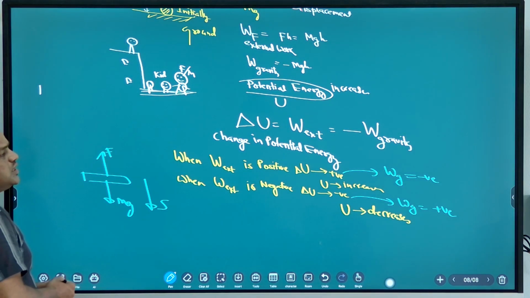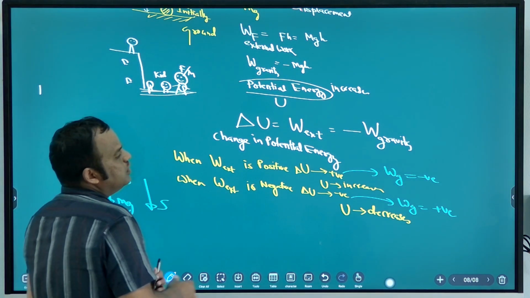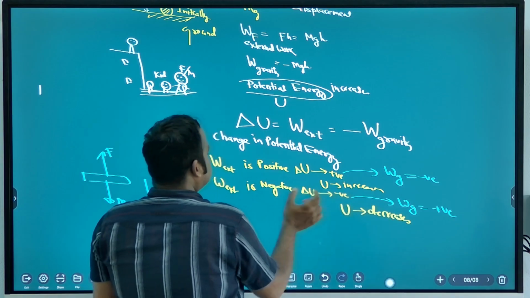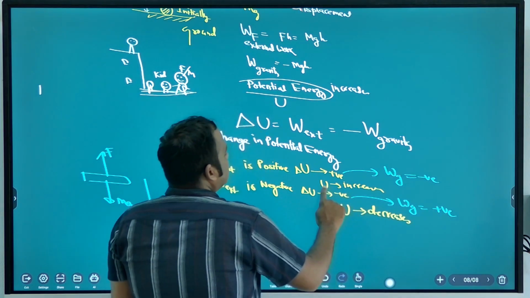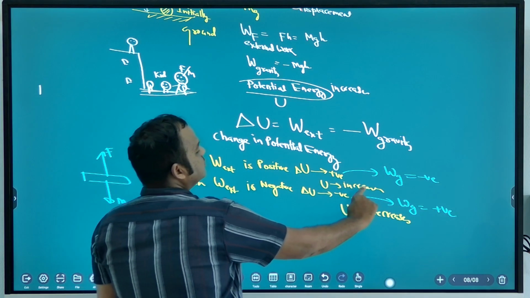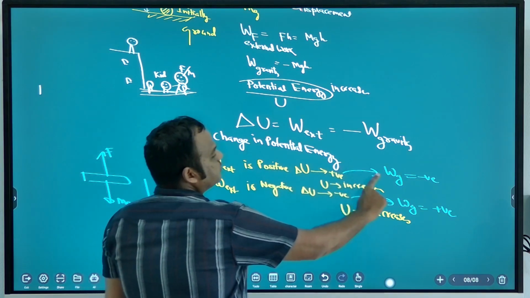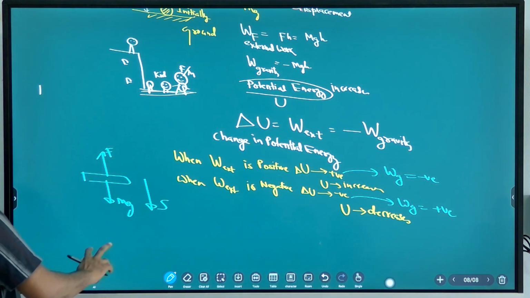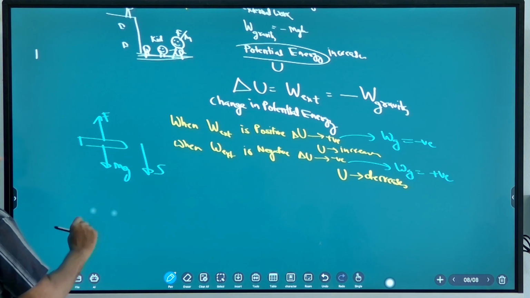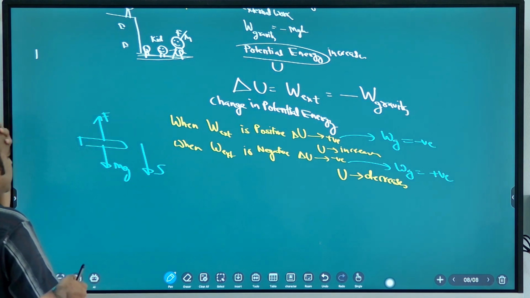So potential energy is decreasing, which means external work done is negative and gravity work done is positive. Potential energy increasing means external work done positive, gravity work done negative. Clear? Understood? So roughly we have discussed a little bit about potential energy.